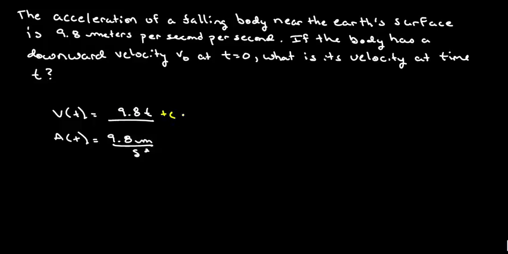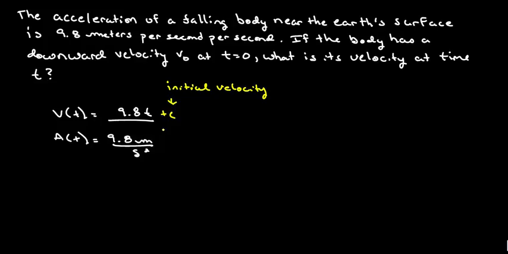So this constant must be the initial velocity, right? Because this is how velocity is changing. This is the initial velocity.